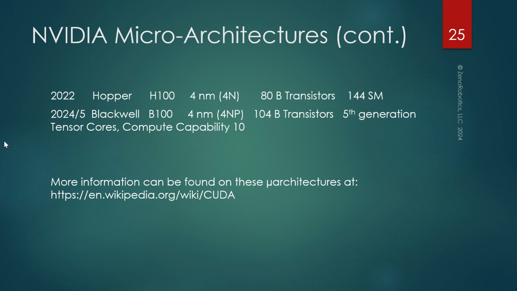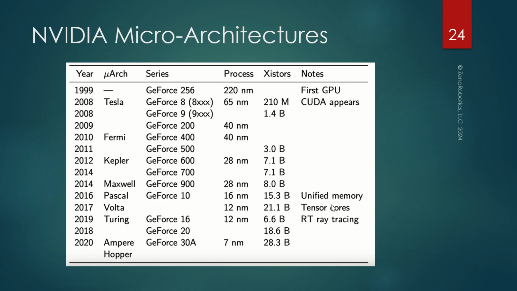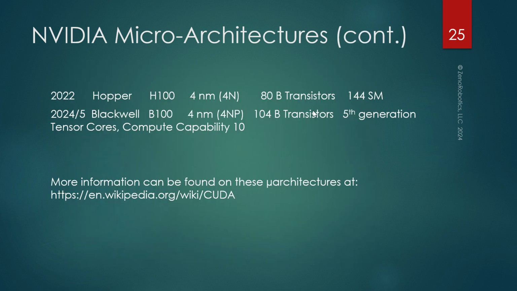And so the Blackwell, which is really quite large and fast and has even more tensor cores. They started introducing tensor cores back in the Volta, and then they kept increasing the amount of that, and they really come into play when you're doing training of neural networks.